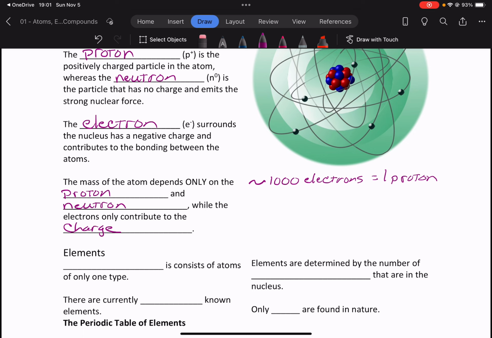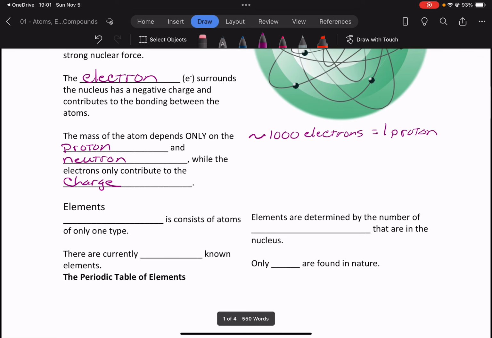That's why we don't count them. They're so small, they don't really contribute to the mass. But they do contribute to the charge, because remember that protons are positive and electrons are negative. We'll talk about ions and stuff like that in a minute.